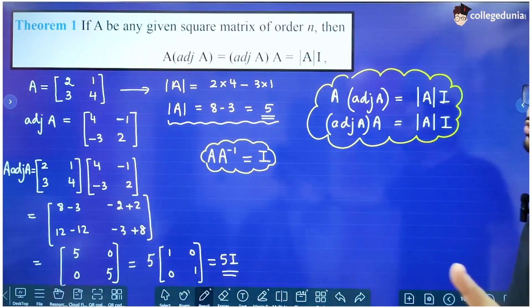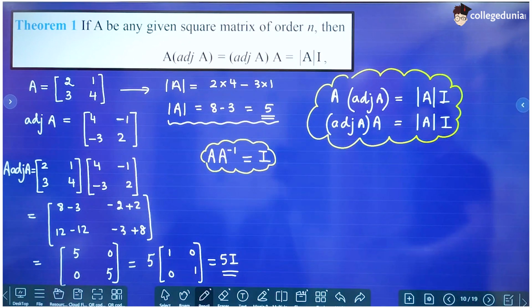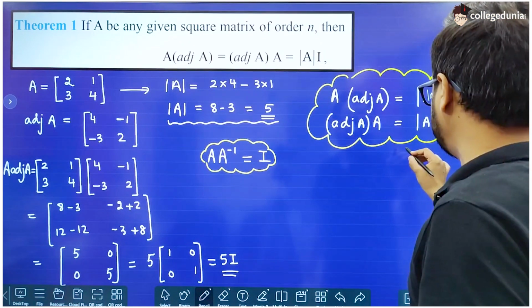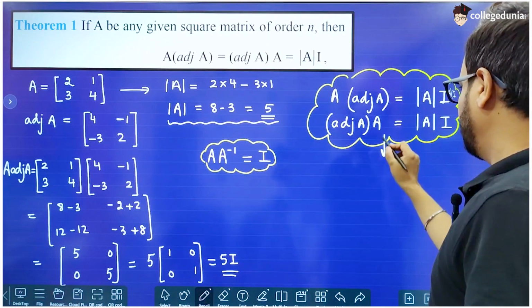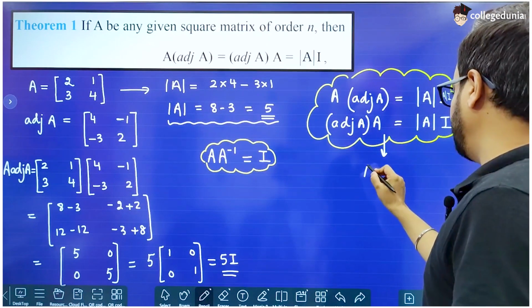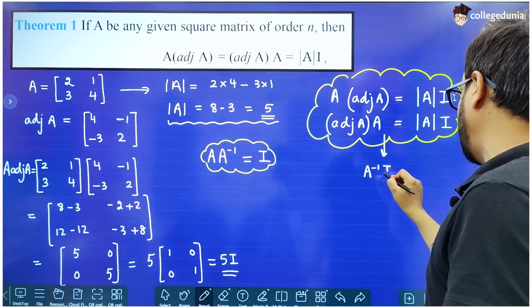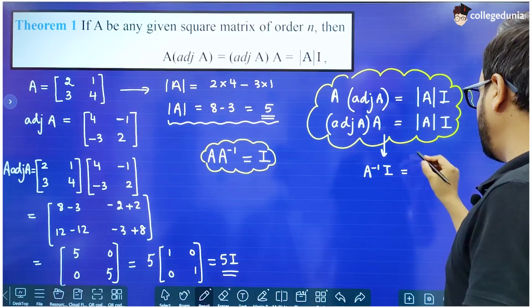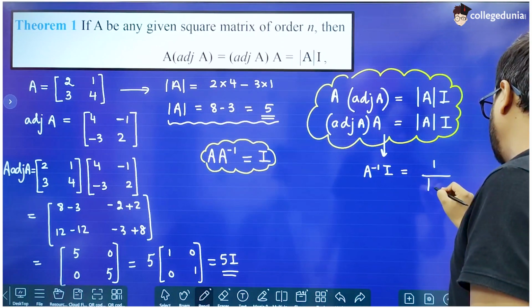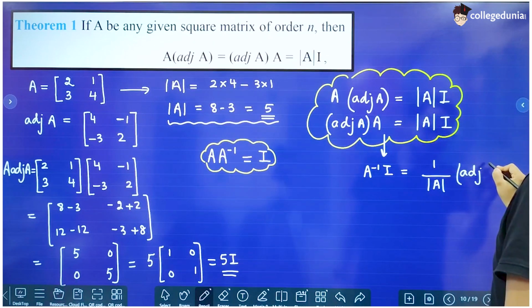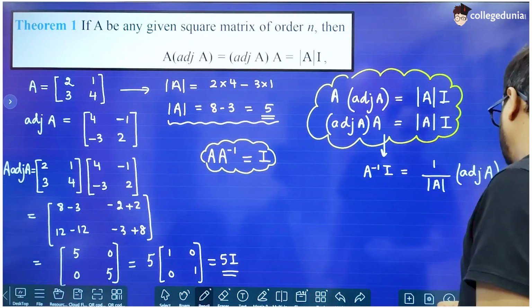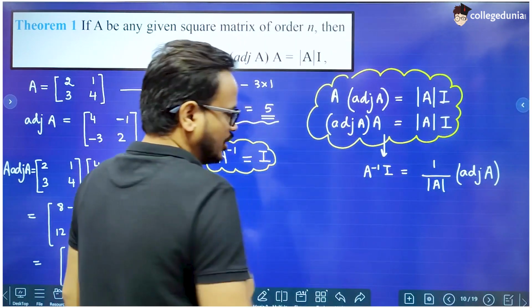There are many techniques to find the inverse of a matrix, and this is one of the best techniques. What we will do using this, we will shift A to that side, so it becomes A inverse into I, and the determinant A goes to this side, where it comes in the denominator.